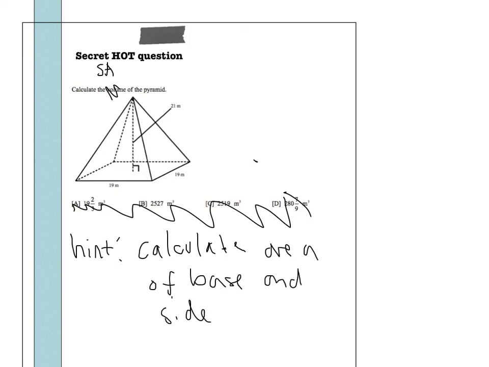I'm not going to tell you how to do that, but you need to do that. And then instead of finding the volume, I'm sorry, ignore what I crossed out, calculate the surface area, the SA, or surface area of the pyramid. And I'll write this right here, surface area. So you have it. So surface area is the same as SA.